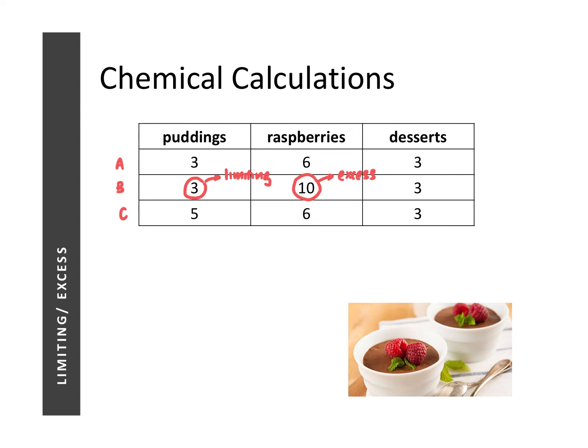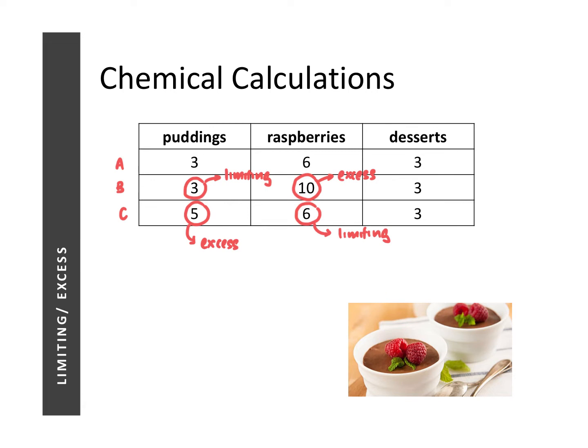Similarly, for scenario C, even though we have more puddings now, we are limited by the number of raspberries. So the raspberries in scenario C is limiting. And now after making the dessert, we will have some puddings remaining. So your puddings would be your excess reactant. In scenario A, I hope you all can see that when we have 3 puddings and 6 raspberries, when we make the dessert, there will not be any pudding or raspberries remaining.